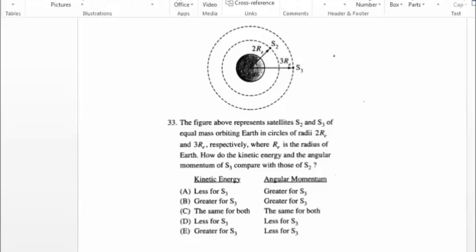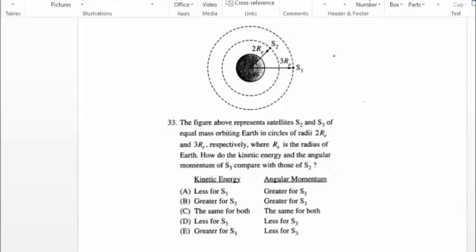So this will have more velocity, so it is less for S3. So one of these two will be the correct answer. Okay. So the kinetic energy is less for S3. What about angular momentum? Now angular momentum is the momentum mv into r.